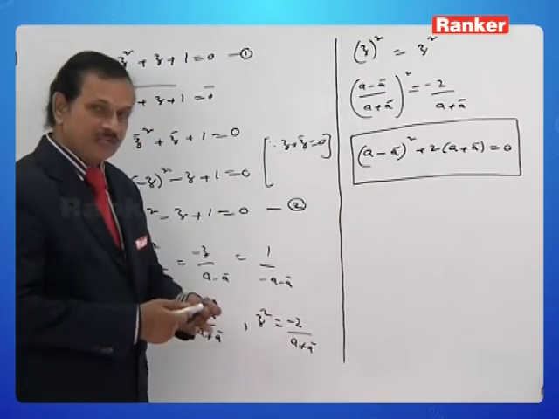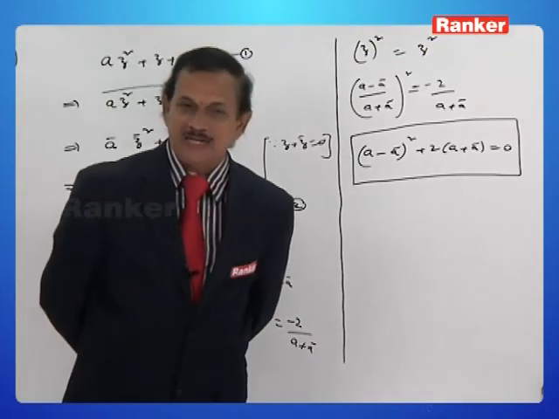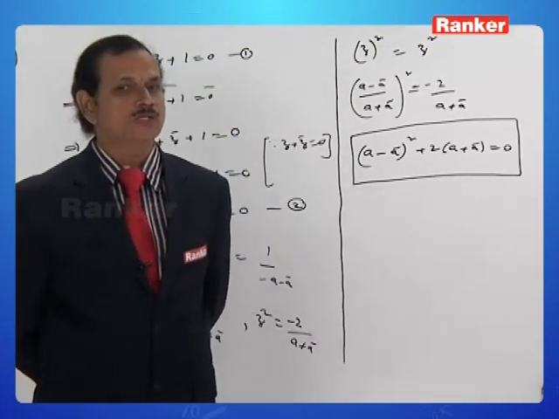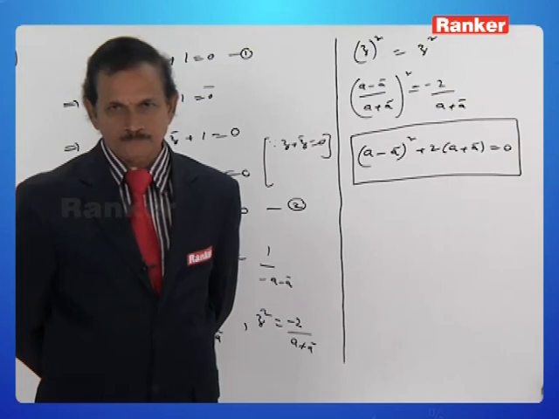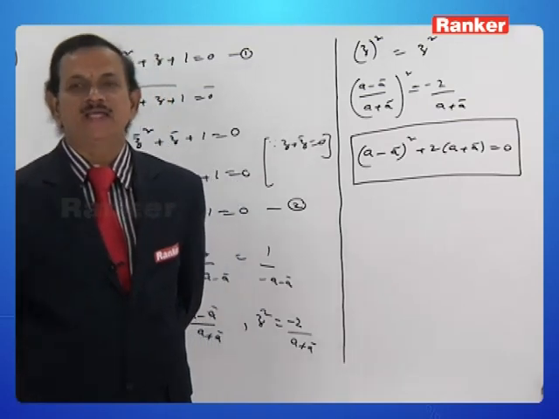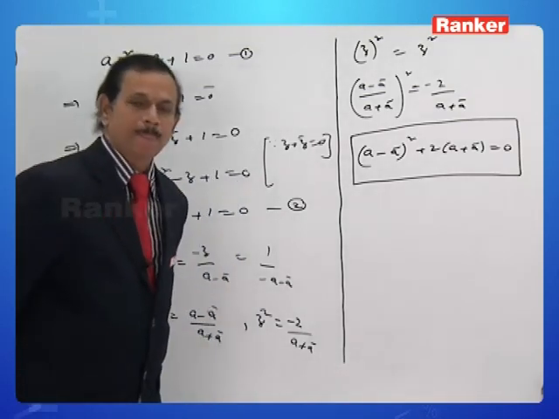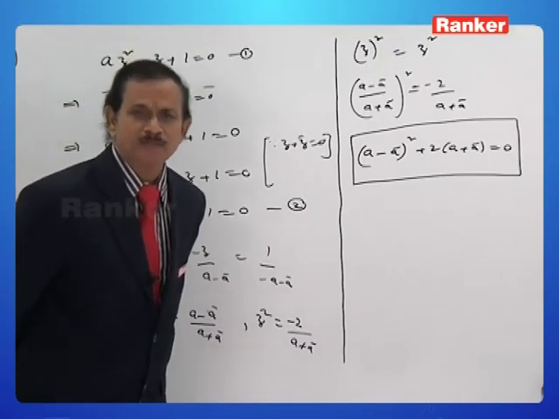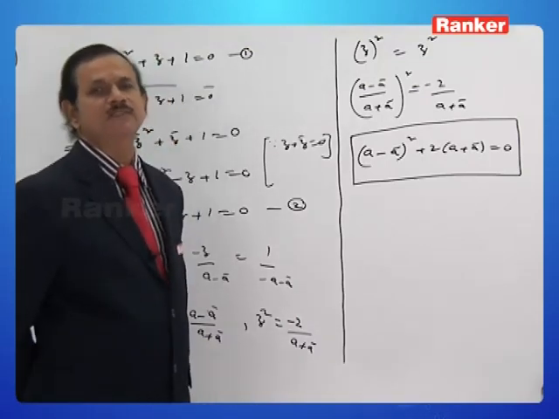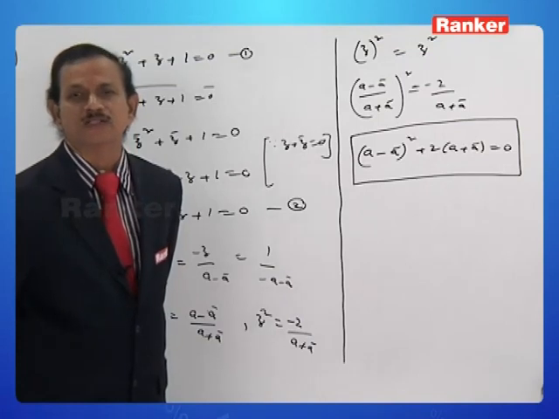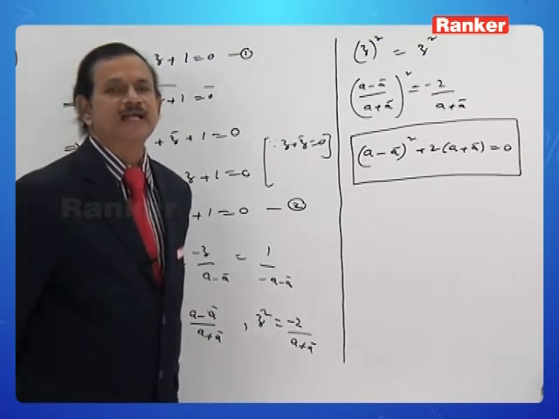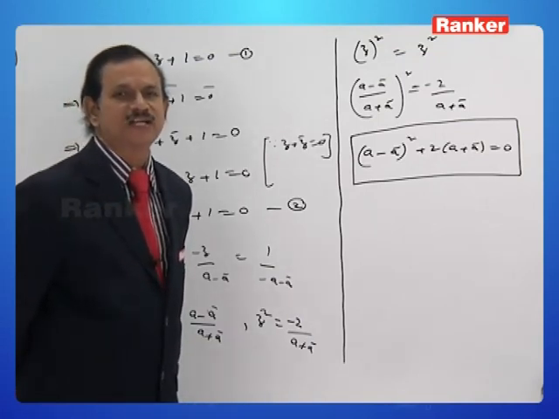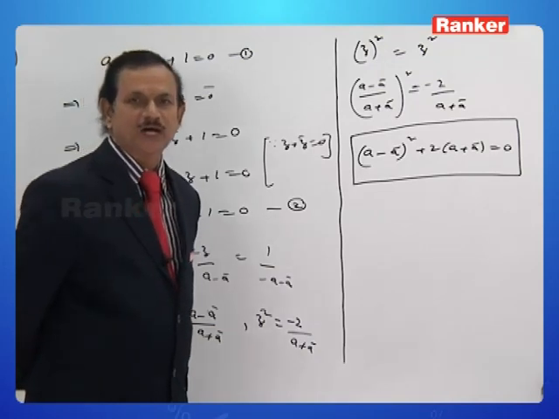In the beginning itself, he has said that mod A is equal to 1. Let me write A in mod amplitude form. What do you mean by mod amplitude form? r into cos theta plus i sin theta, where r is the modulus. Here the modulus is 1, so I can take A as cos theta plus i sin theta.